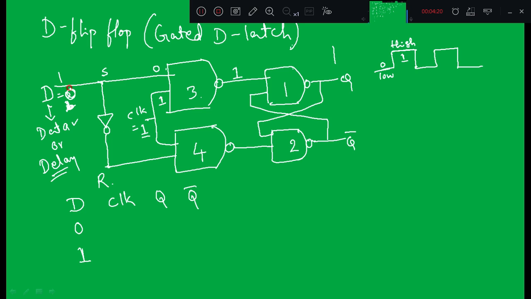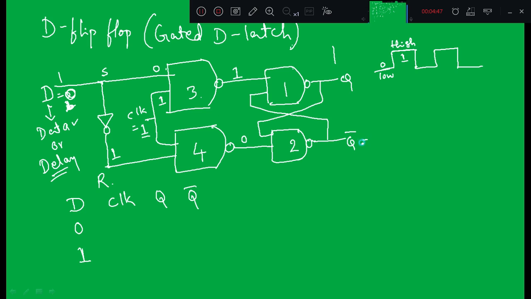And since D is 0, the output of this inverter is 1 and the clock is 1, so 1 NAND 1 is equal to 0. The output of the fourth NAND gate will be 0, and since one of the inputs of the second NAND gate is 0, the output of the second NAND gate is 1.